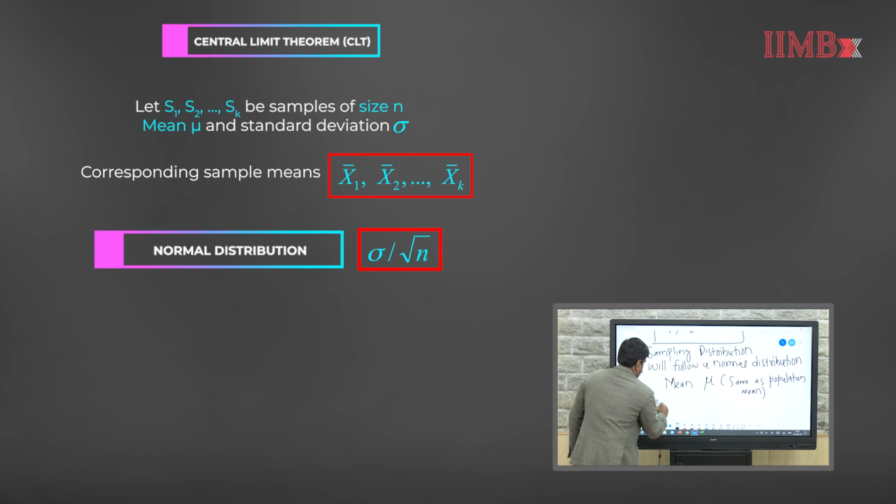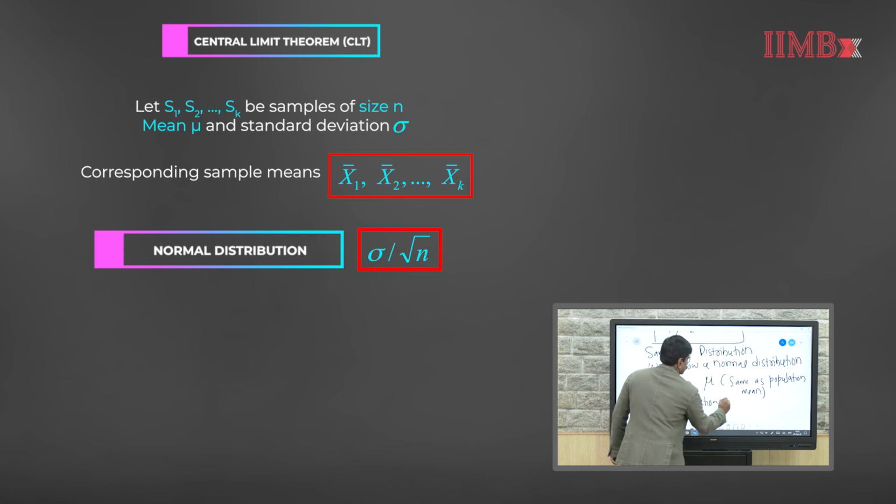So, the standard deviation where sigma is the standard deviation of the population and n is the sample size.